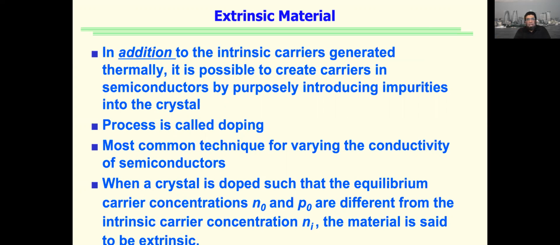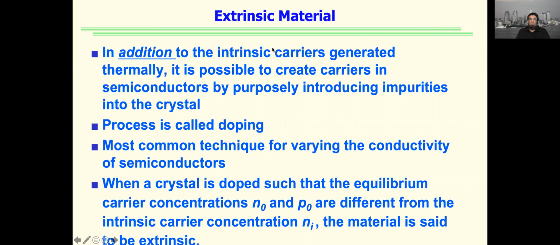Now, if we are using an n-type semiconductor, the electron concentration will no more be n_i. That will become n naught. We will denote it with n naught. But the hole concentration will stay p_i.